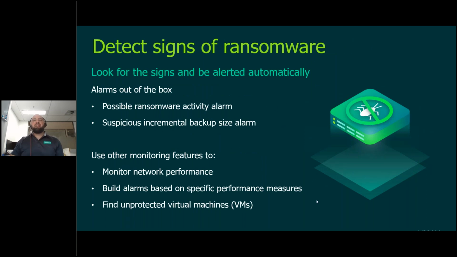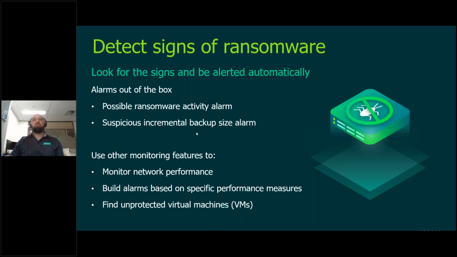Obviously, detecting ransomware is big as well. So we have the ability to monitor CPU, RAM and network to see if ransomware activity is occurring, and alert you on that. We're able to do that on our backup hardware as well. And we have suspicious incremental backup sizes.